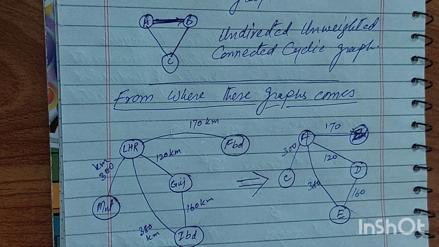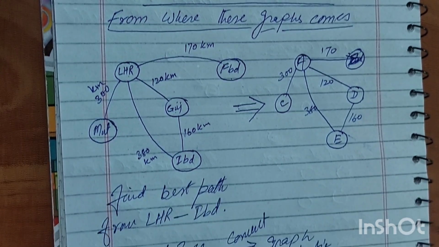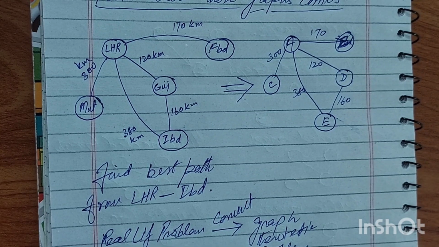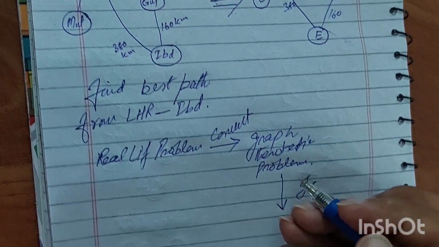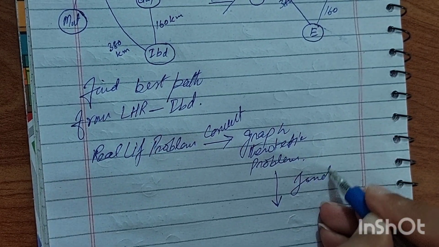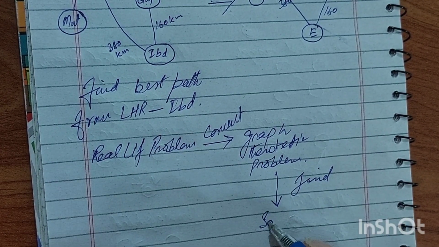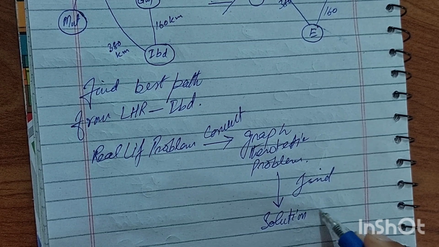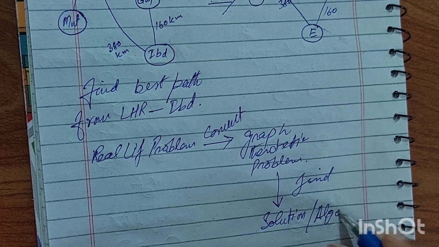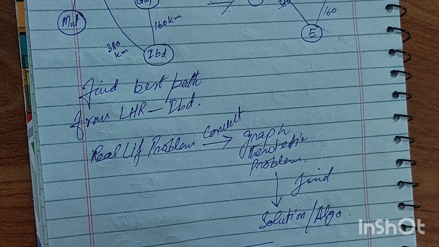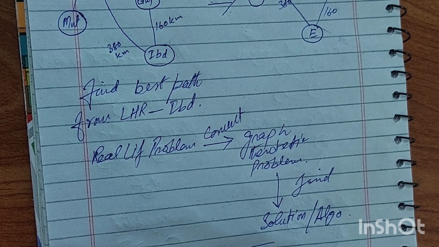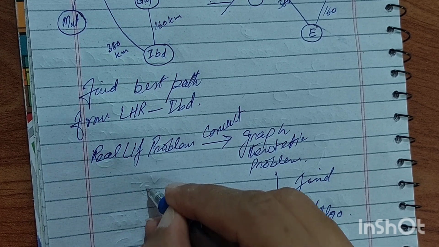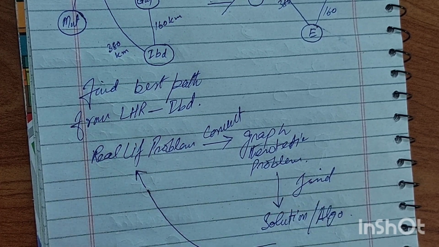This is how we convert our real life problems into graph theoretic problems. From there we find a solution, that is actually the algorithm, and then we apply that solution to the real life problem, and now the real life problem is solved.